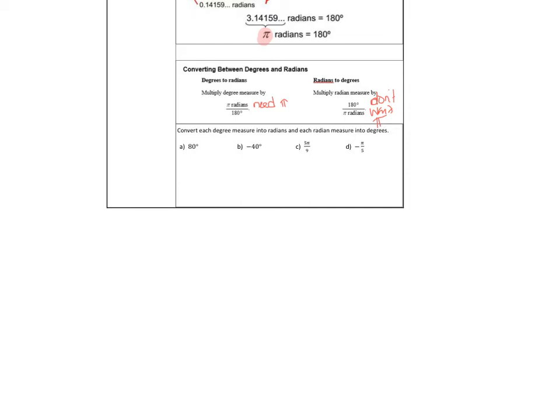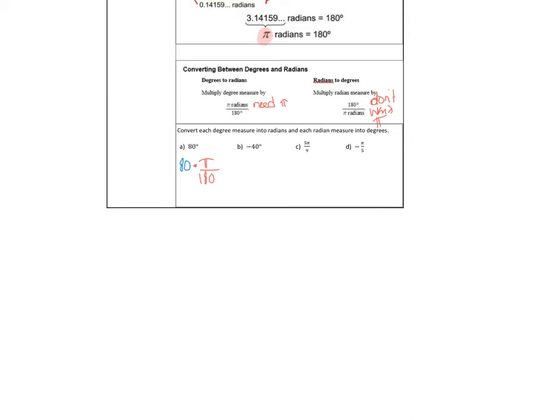So let's practice. In the first example, we have 80 degrees, and we want to change that into radians, meaning we need pi. We're going to multiply that by pi. But remember how halfway around the circle is pi, so is 180. So we're going to multiply by pi and then divide out the 180, because we're getting rid of the degrees, if you think about it.